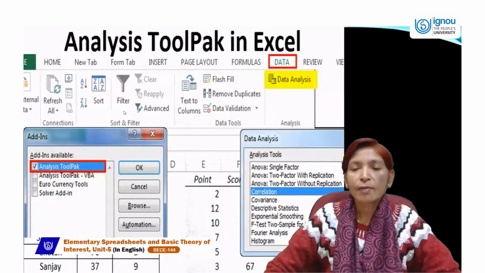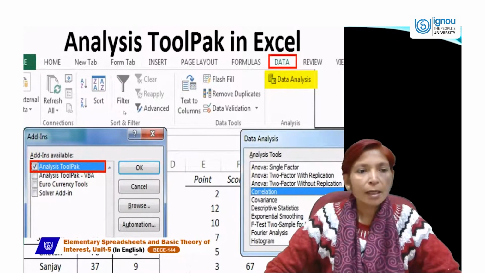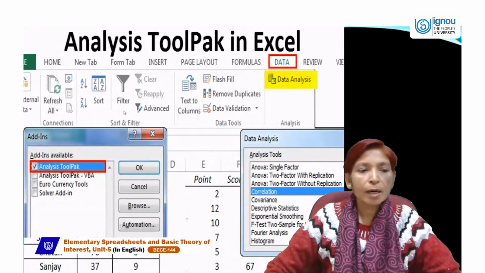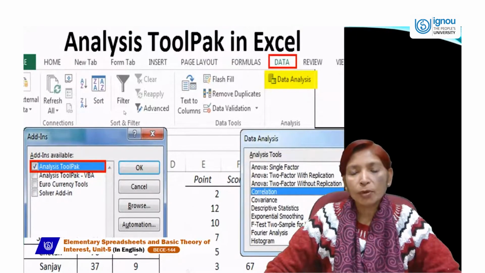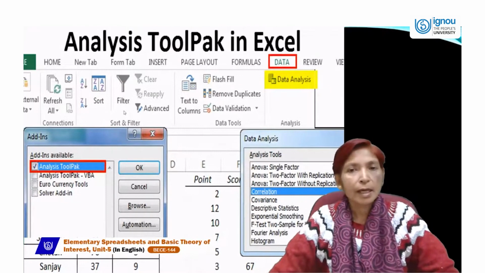In this, we have so many analysis tools, and here add-ins is given. In add-ins, available are the analysis toolpak, euro currency tools, solver add-in, and automation. And if we click it, then automatically we can analyze our data with the help of this Excel tool.